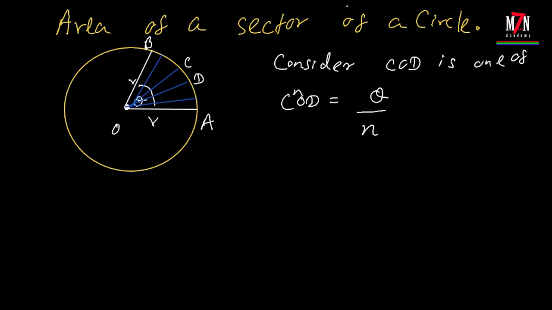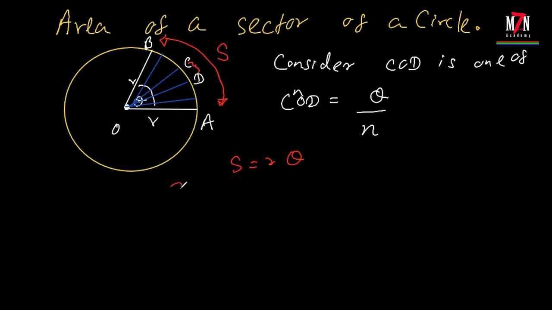Now according to our equation s equals r theta, we know the total arc length is s, and we can use it to find the length CD.